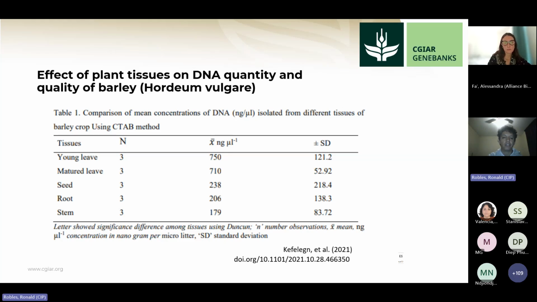The amount of DNA is similar between young and mature leaves, but in the next slide we will see that not only the amount of DNA is important, but also the quality. So with respect to other tissues, the leaves are the better options. And from these, the young leaves are the optimal.